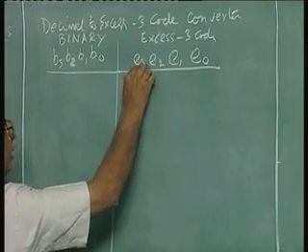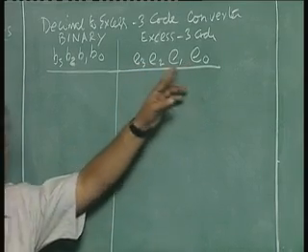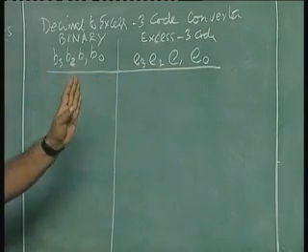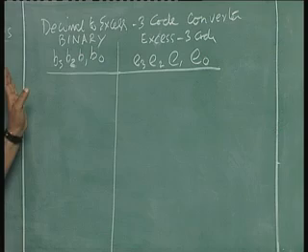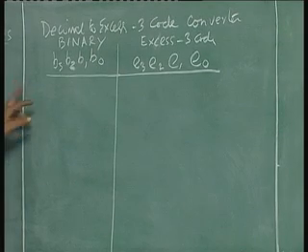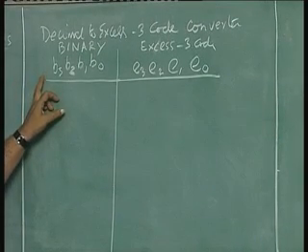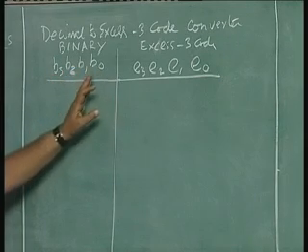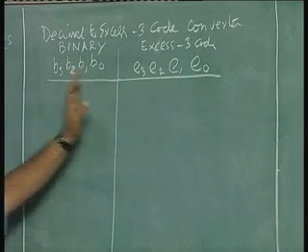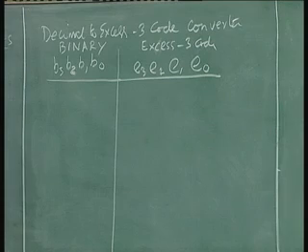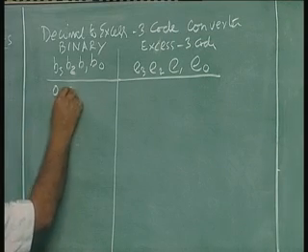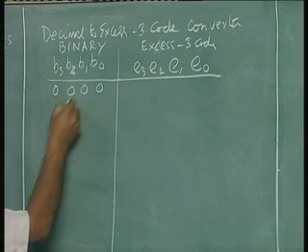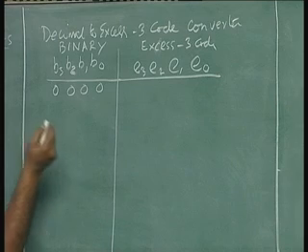All of you know that the bit to the right is called the least significant bit, or LSB. The one to the left is called the most significant bit, or MSB, because its value is much higher. This is the minimum value, this is the next higher, next higher, next higher. So from LSB to MSB there are 4 bits, and here also LSB to MSB there are 4 bits. I am only interested in 10 of these values.